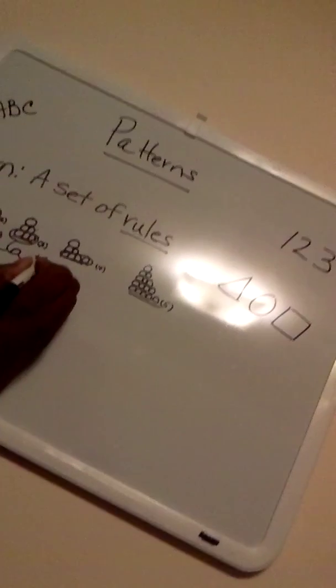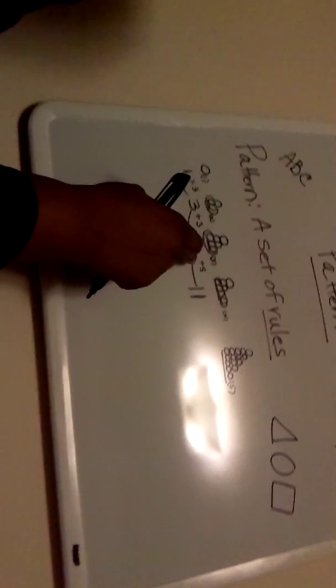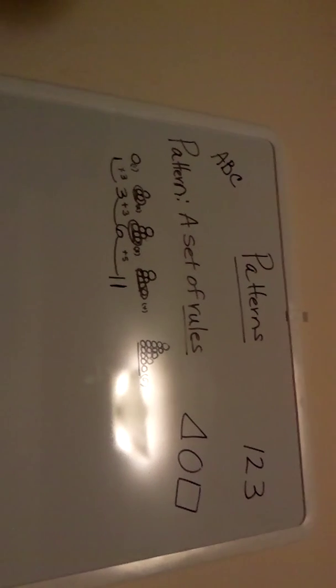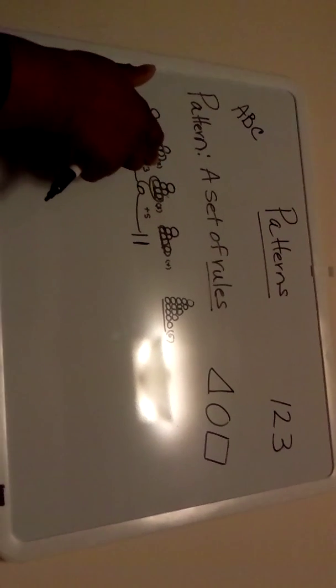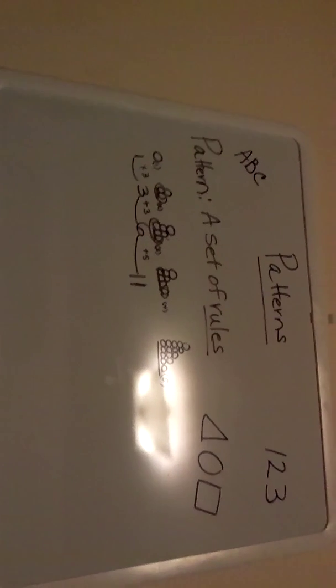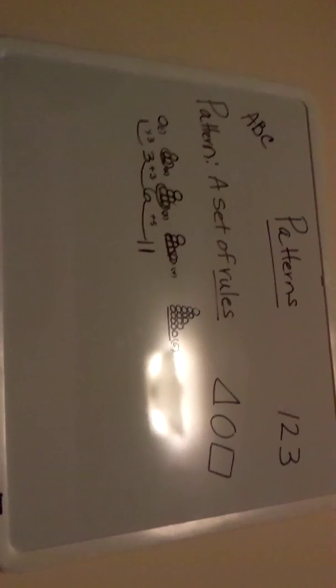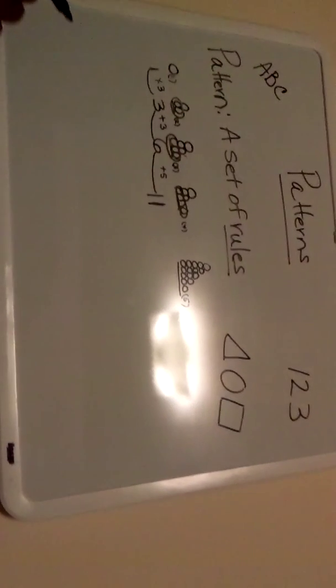And then 6 to 11 will be plus 5. That wouldn't be a pattern because we have times 3 plus 5. So that pattern wouldn't work. So the pattern that works is 1, 2, 3, 4, 5. That pattern does work.